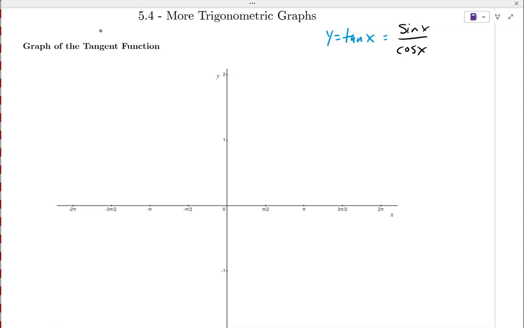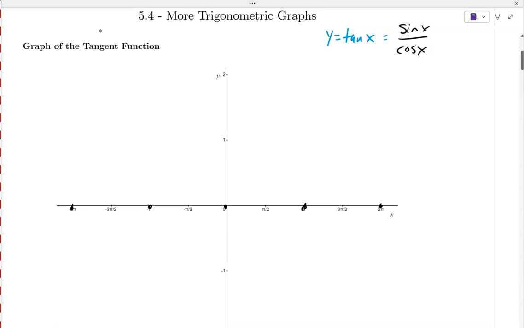But when is sine equal to 0? What values of x give you sine is equal to 0? Where does the sine graph cross the x-axis? 0 and pi and 2 pi and negative pi and negative 2 pi, right?